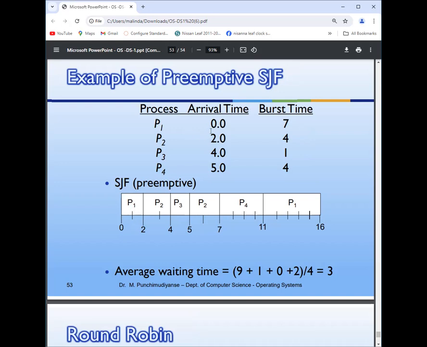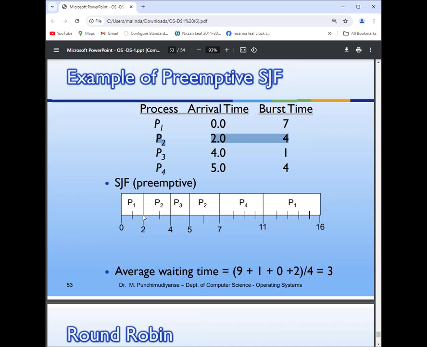Then at time equals 2, P2 comes to the queue with the burst time of 4, right? So now we check which one is the shortest between the one which is running and the one in the queue. When P2 arrives at time 2, P1 has already started doing its work. Total time is 7.